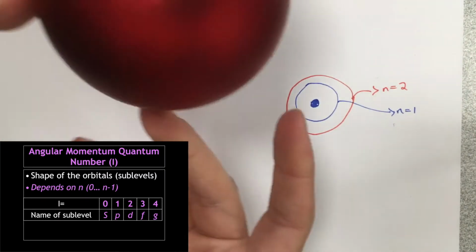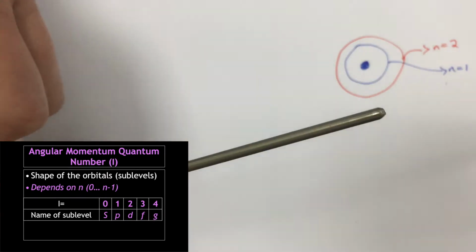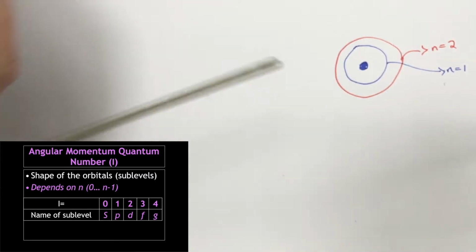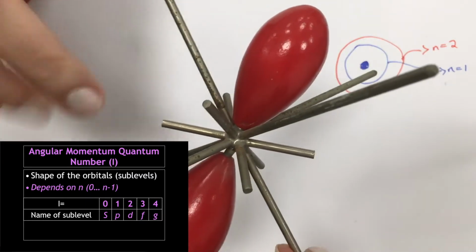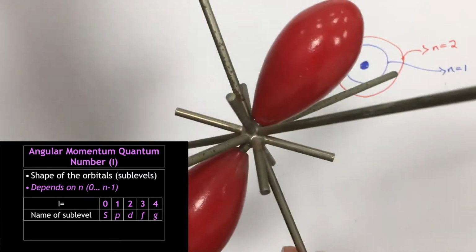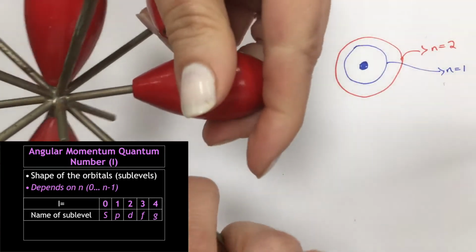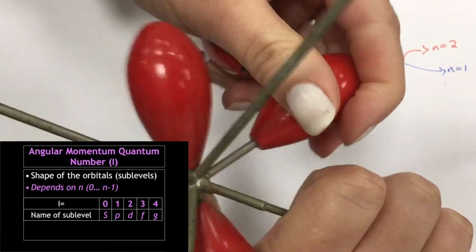If you have a 1, the l, the shape is like this. Ignore all the spikes. If you have a 1, the shape is this. If you have a 2, you get the point, right? If you have a 2, your shape is the clover.